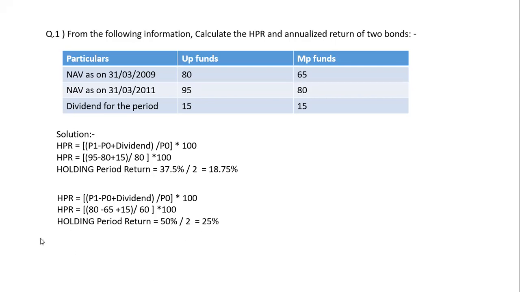So whatever answer you are getting, you will divide by 2 because you want to know the annualized return. Okay. So UP fund is one mutual fund that is giving you annualized return of 18.75, and next mutual fund is giving you annualized return of 25%. All of you note down.